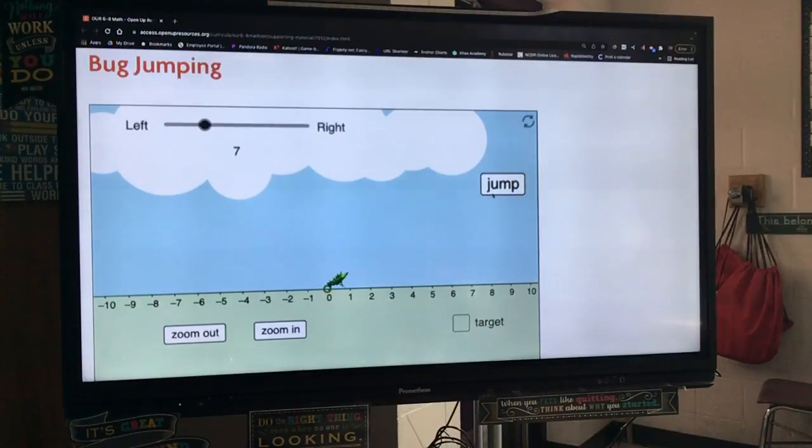Alright, next one. The absolute value of a number is the distance it is from 0. The flea is currently to the left of 0 and the absolute value of its location is 4. Where on the number line is it?